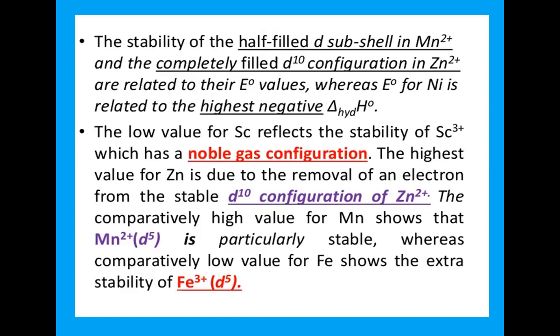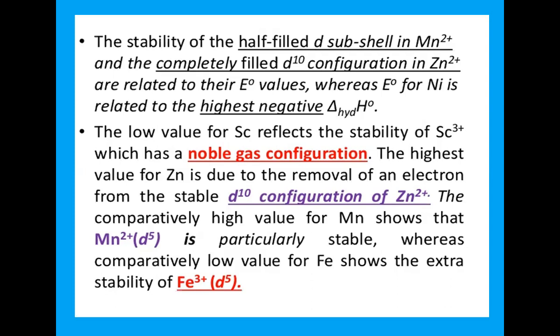The low value for scandium reflects that scandium +3 has a noble gas configuration. The highest value for zinc is due to the removal of an electron from the stable d10 configuration of Zn+2.